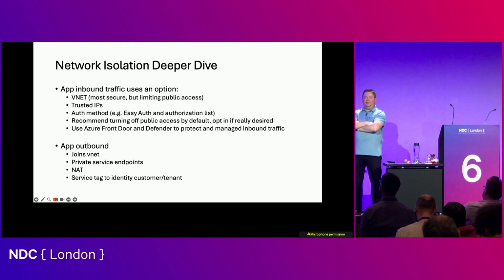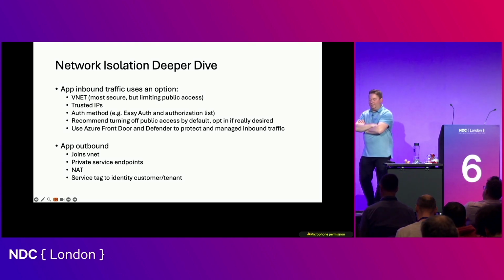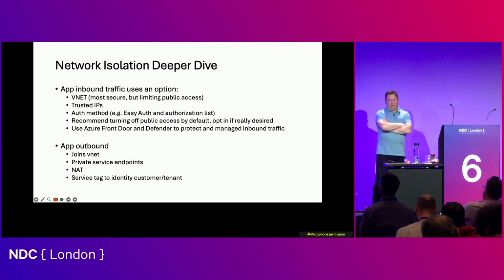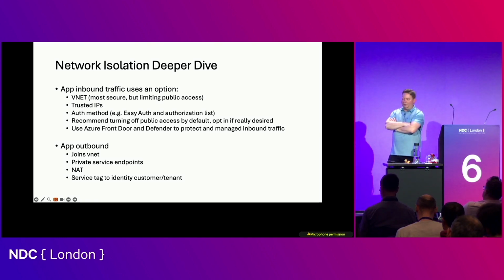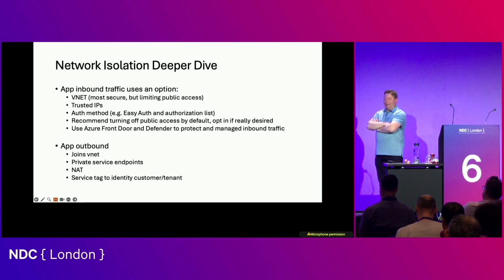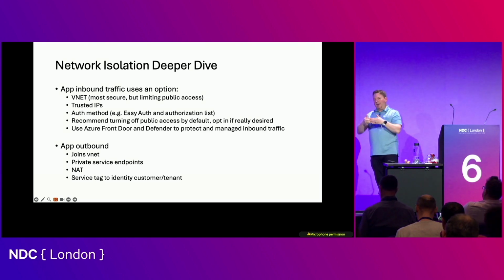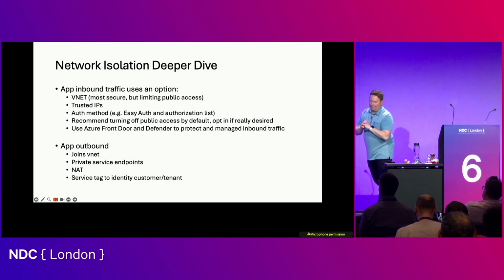You can allow list trusted IPs, which is kind of like poking a hole in your firewall. Otherwise you could just have a VPN. And then you rely on auth methods like Easy Auth as a good way to decide not only whether the traffic packet should come in at layer 7 or layer 3, but also that it is authorized to reach my app.